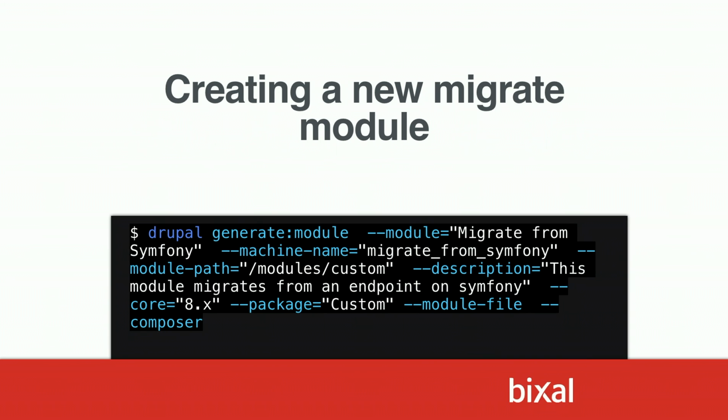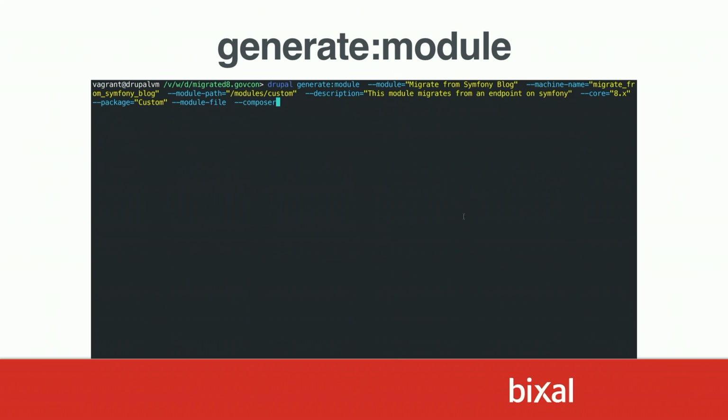So now that I have all that basic setup, I need to create a new module that will be enabled to actually perform the migration. So I'm also doing that with Drupal console with this command generate module, which will basically ask me some extra questions. I can set up a lot of flags there, like the module name, the machine name, but it will still ask me some questions. If I want that as a feature, we have dependencies.